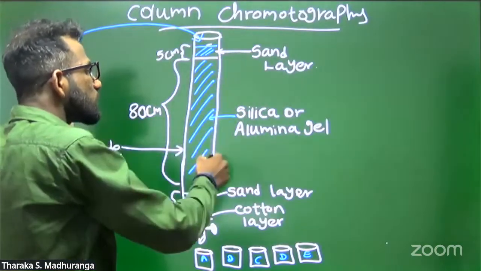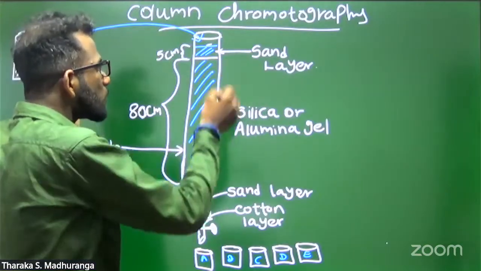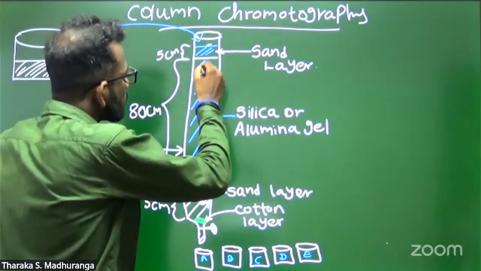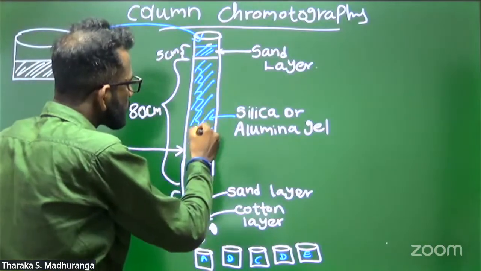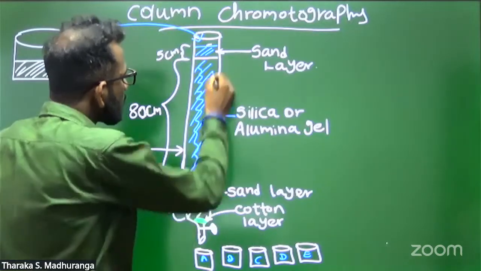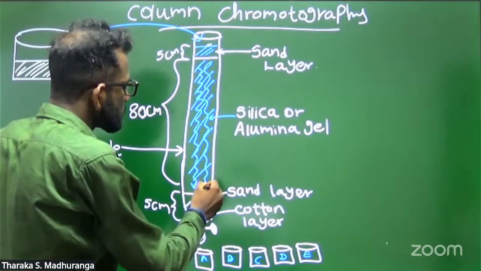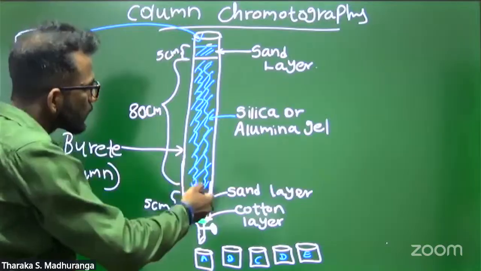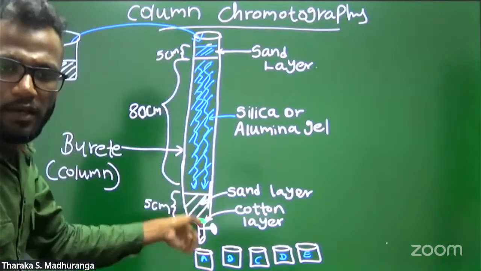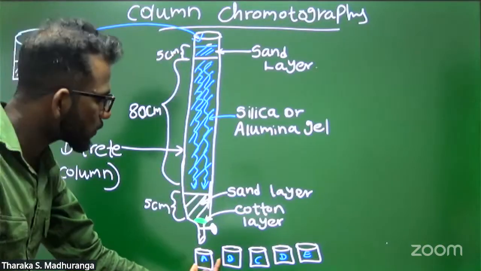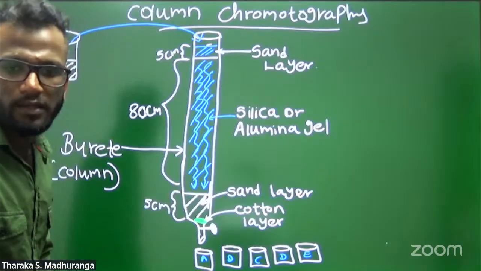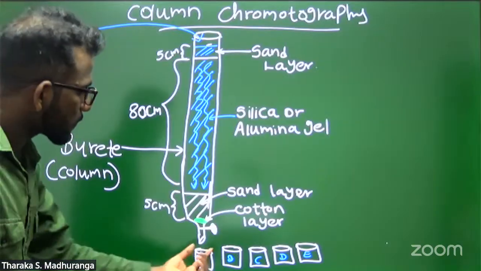Through this silica or alumina layer, the heavy particles quickly come into the container.